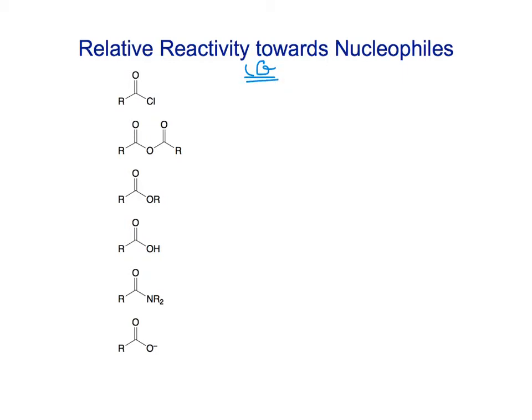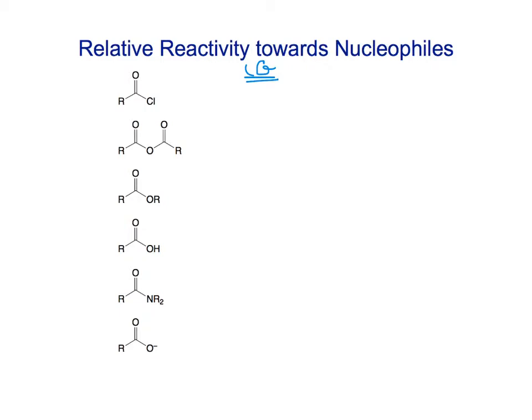The better the leaving group, the more reactive the carboxylic acid derivative is. So let's just go down this list and draw out what the leaving groups would be, and then we'll see if there's any order here in relative reactivity.